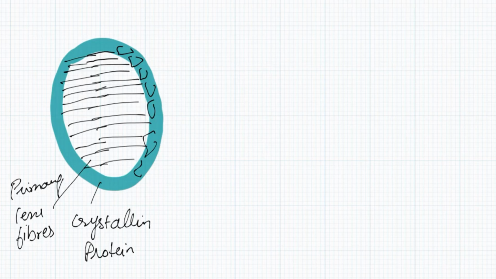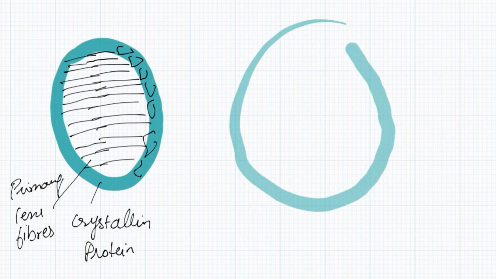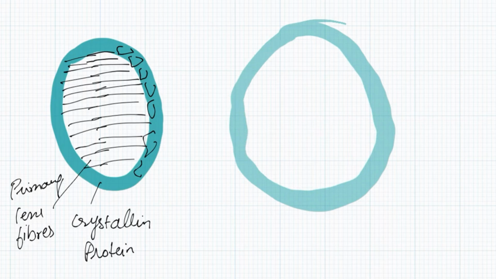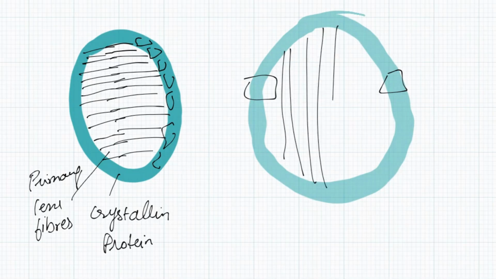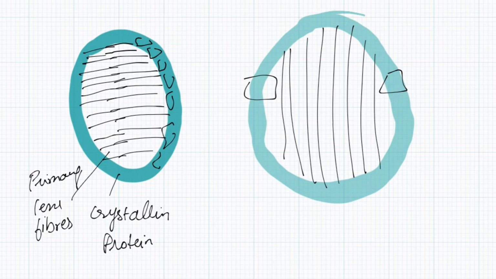Now, lens also consists of secondary lens fibers, and these fibers are produced throughout the life with the help of mitotic divisions with the help of cells which are present at the equator. Let's suppose this is the equator and these are the primary lens fibers. The secondary lens fibers will grow in this fashion.